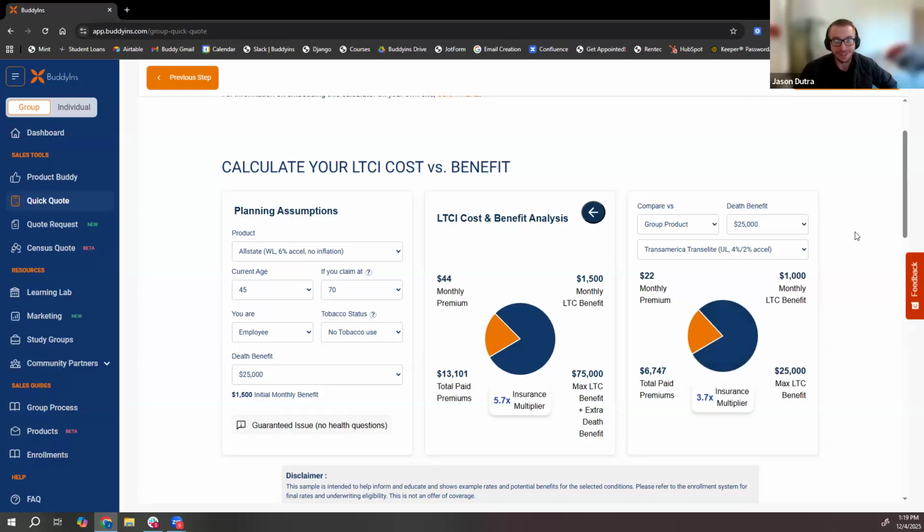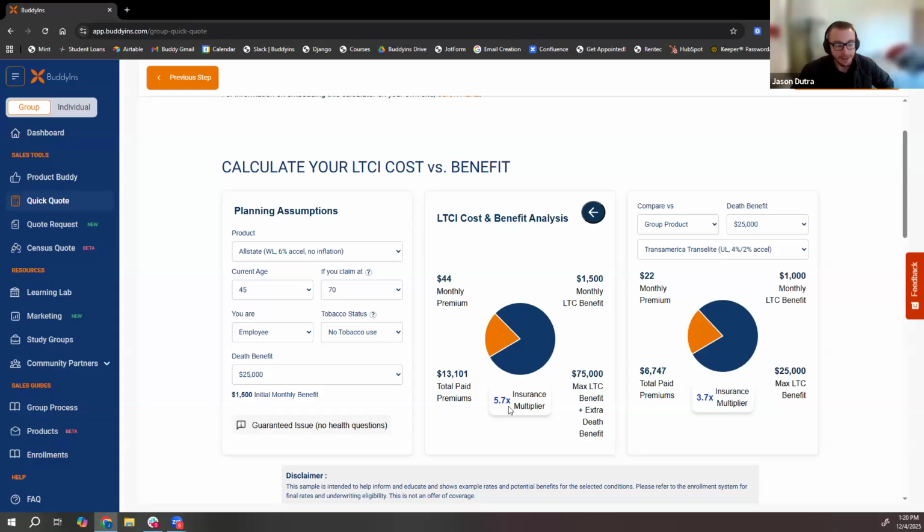And you and I have conversations pretty often where we have to peel back that individual long-term care specialist mentality that we've been ingrained with and say, look, it's this or nothing for this group, right? So we have to show them that they're still getting valuable coverage. And when we compare here, even just looking at the Allstate plan, yes, you end up with a little bit higher monthly benefit.